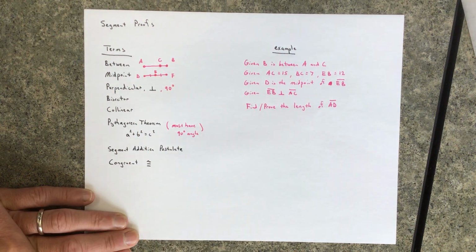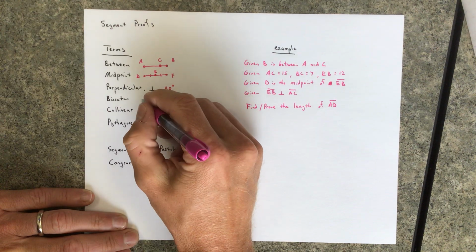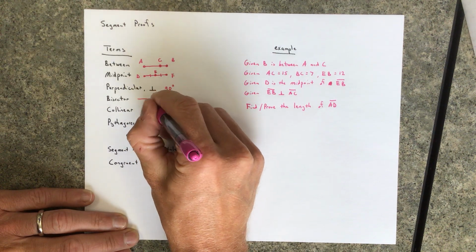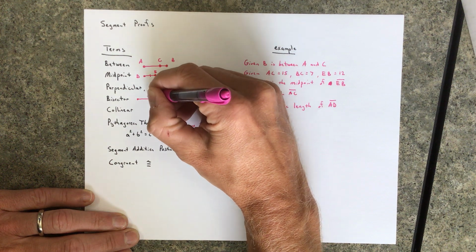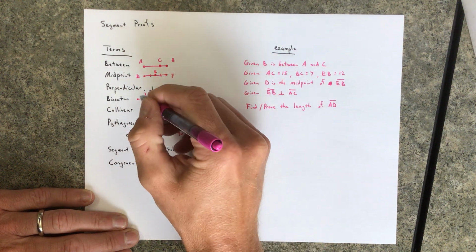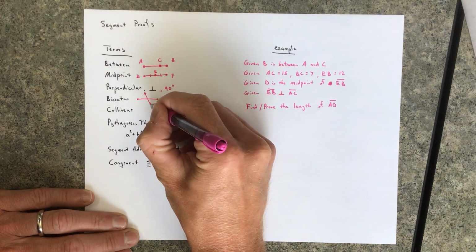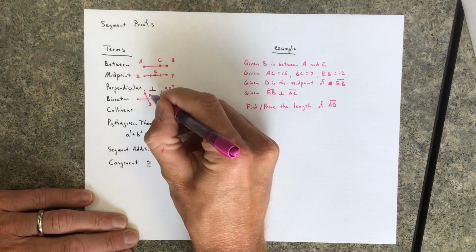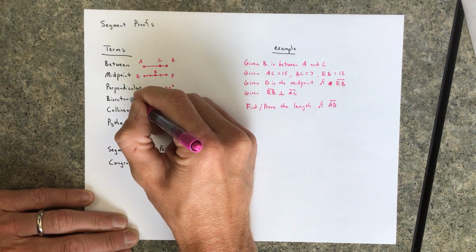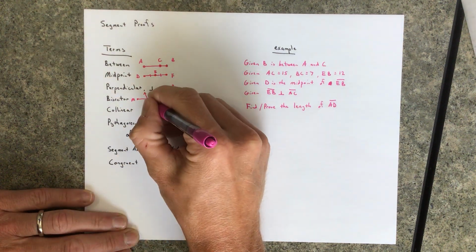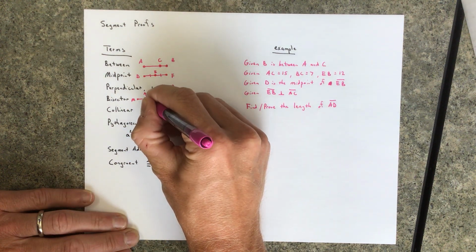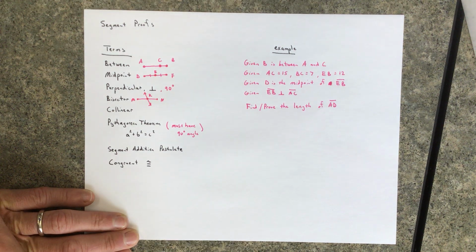To bisect something is to cut it into half. So if I have a line segment, and I bisect it, let's say line K bisects line segment MN, then I'm telling you that to bisect it, it intersects it at its midpoint.